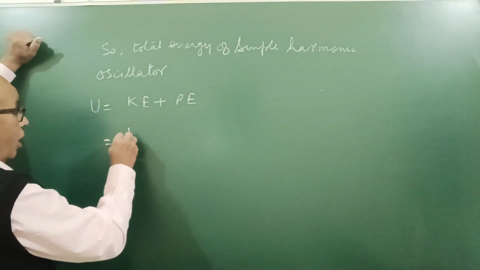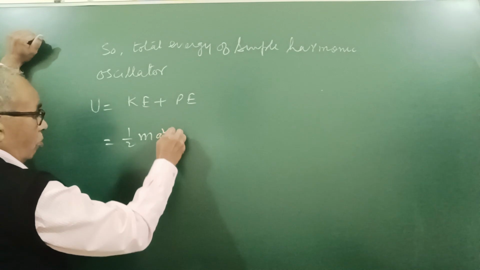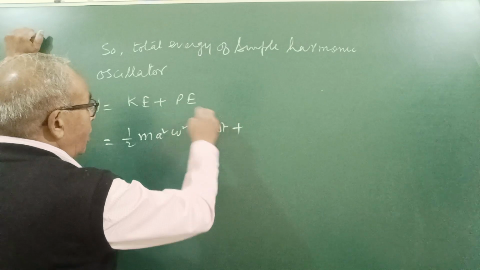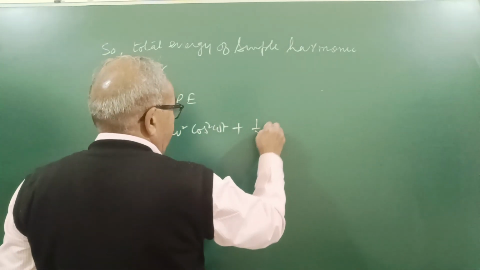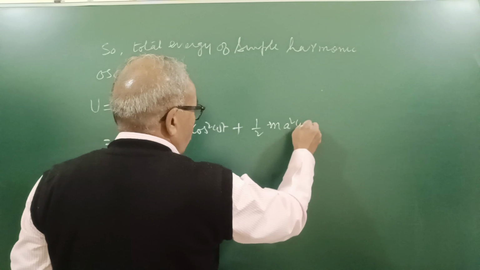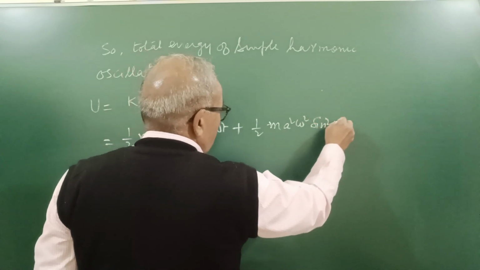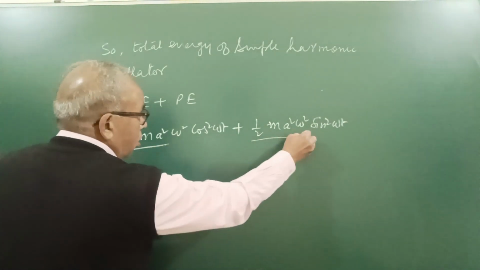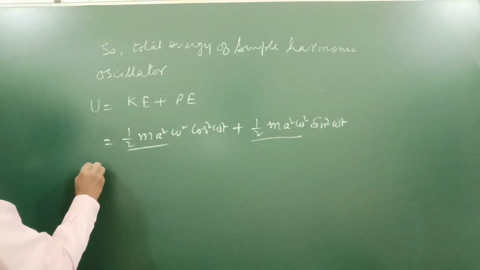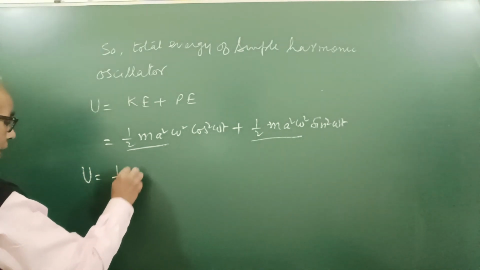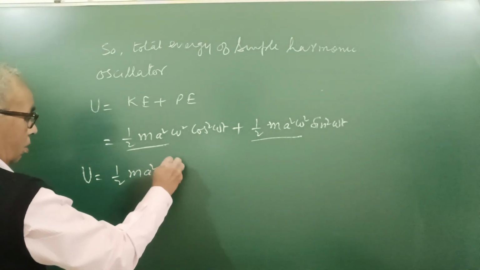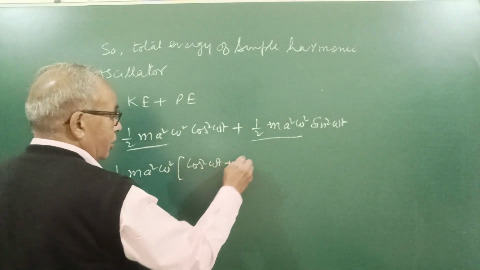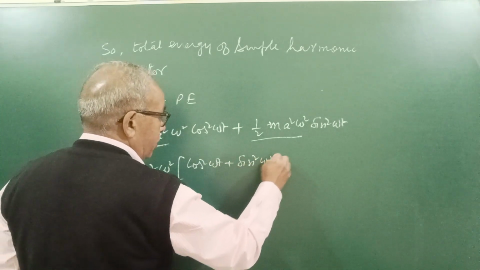So the kinetic energy was half m a square omega square cos square omega t, and the potential was half m a square omega square sin square omega t. Now this is common to all, so U is equal to half m a square omega square, bracket, cos square omega t plus sin square omega t.